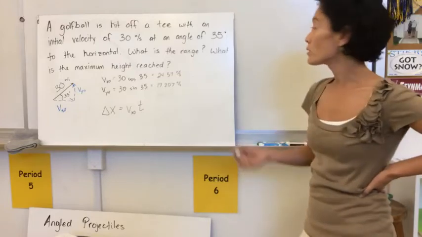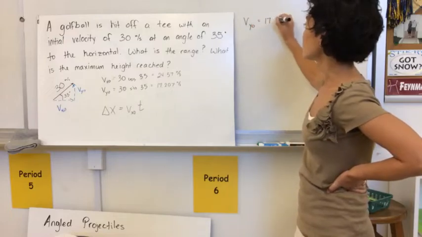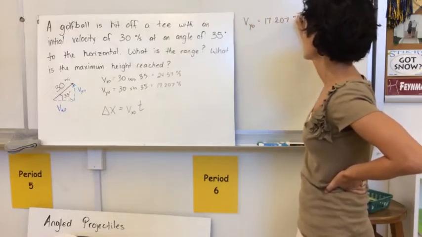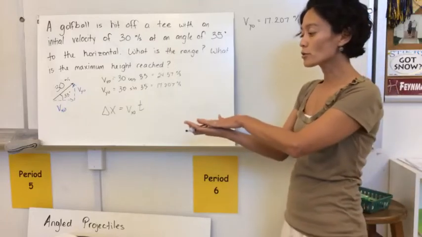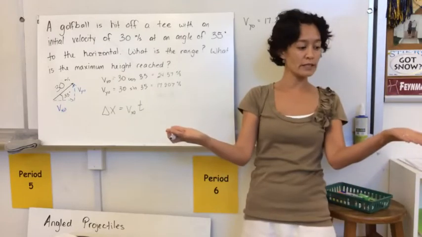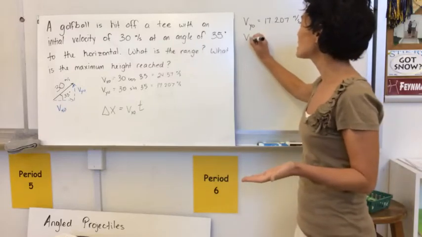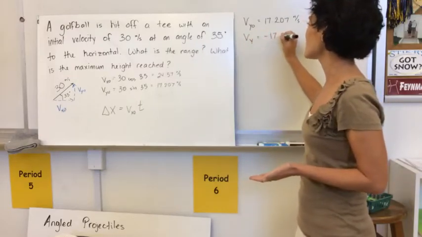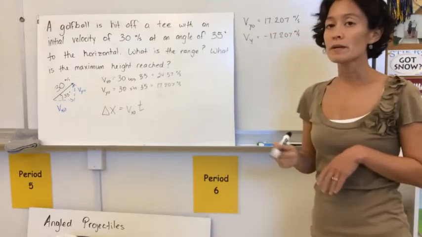Looking at my y values, I know that my Vy naught is 17.207 meters per second. What I also know is that if this golf ball goes from here back to here, when it hits the ground, its final y velocity is just going to be negative 17.207 meters per second, because of that symmetry.